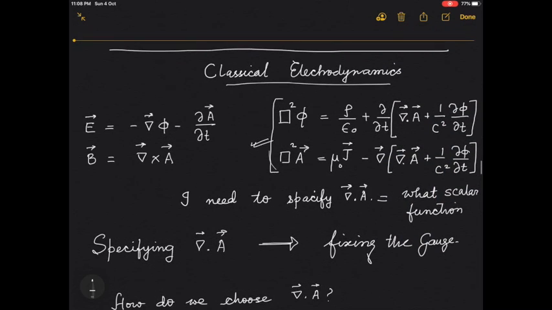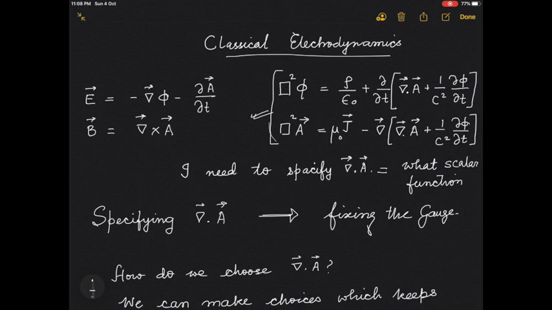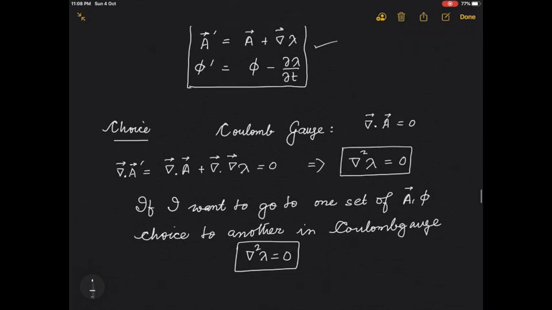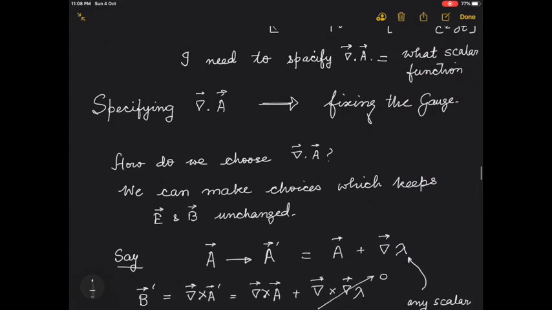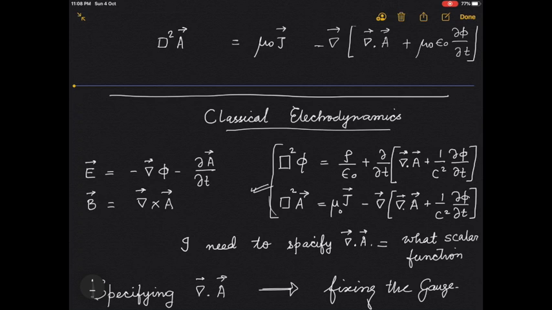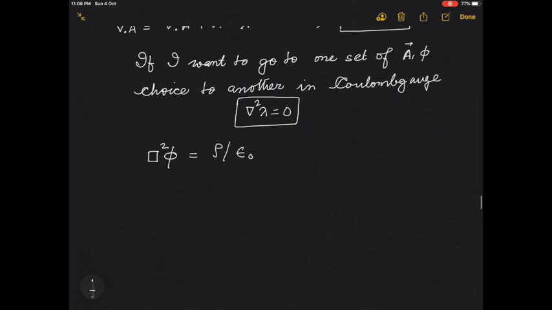Okay, what happens to these equations? Well, you can see that this divergence of A term will disappear. So this will become grad square phi equals rho by epsilon naught. And then, let's have a look. I'll have divergence of A 0, but then I will have 1 by c square del 2 phi del t2.